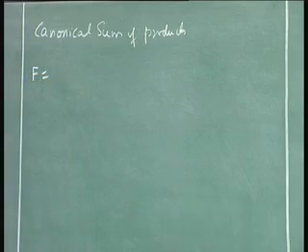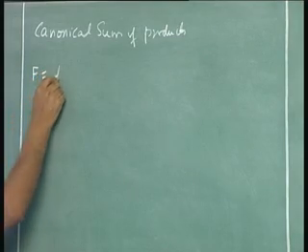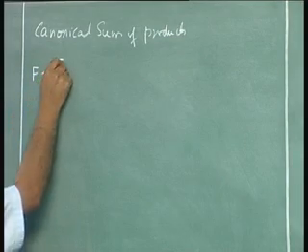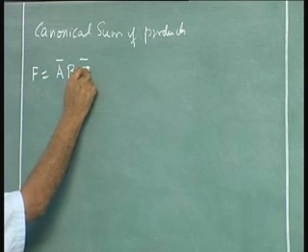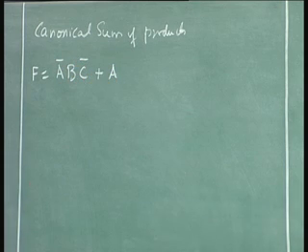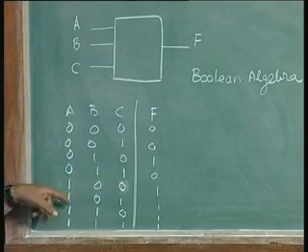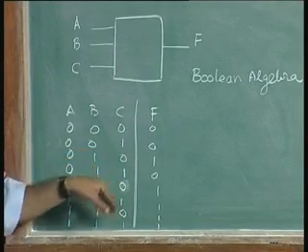true if A is not true, B is true, C is not true, right. F is true if A is not true, B is true, C not true, then A true and all possible combinations. A is true, B not true, C not true, A true, B not true, C true, and so on, all the 4 combinations.